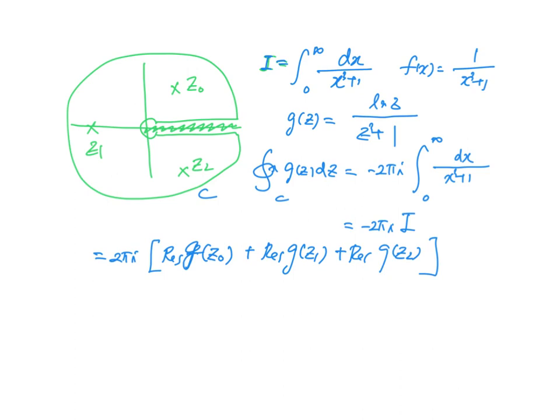So now we need to evaluate the residues. So z0, z1 is exponential I pi, z2 is exponential I 5 pi over 3.